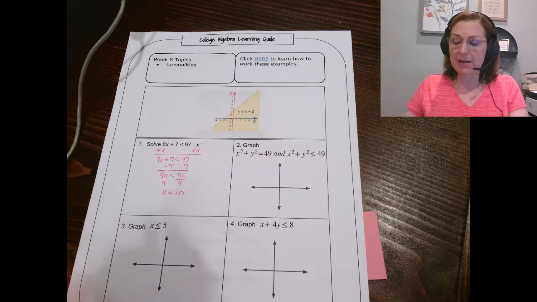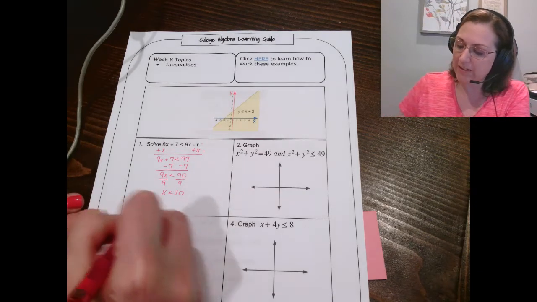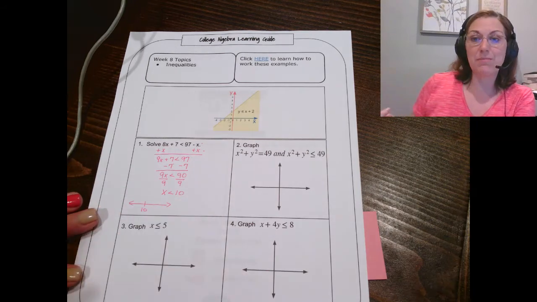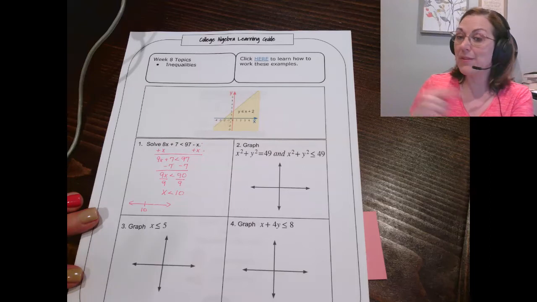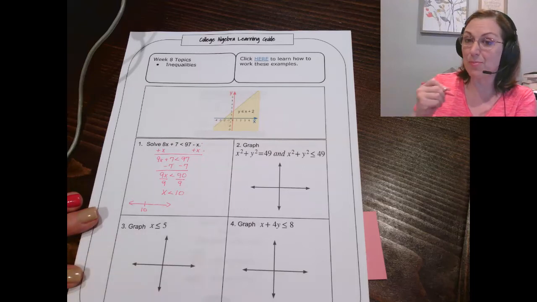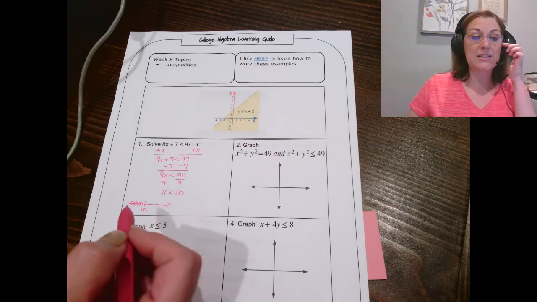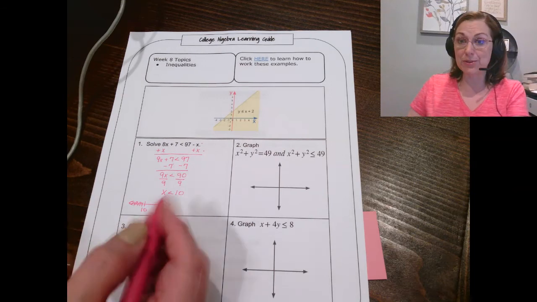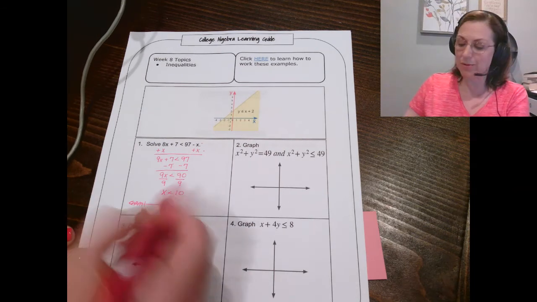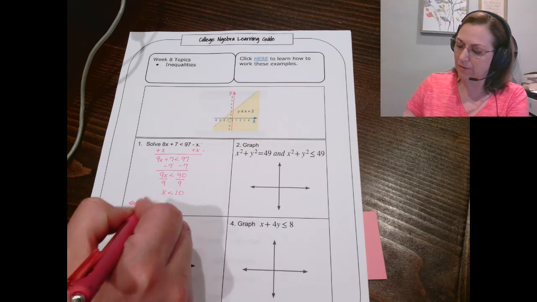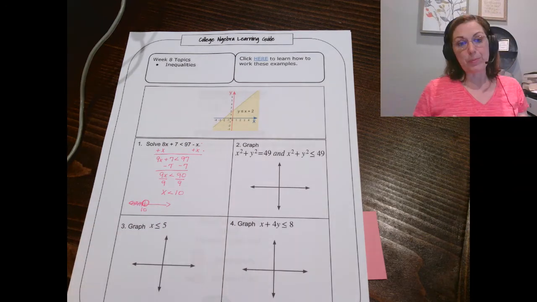Couple of things about inequalities. We actually can graph this. We can actually say, okay, where are the numbers that are less than 10? Well, they're on the left side of 10. So you may, in a previous math class, have shaded this left side. You may also have decided, okay, is there an open or a closed circle at 10? Well, because there's no equal to there, we know it's an open circle. And so we have this open circle.